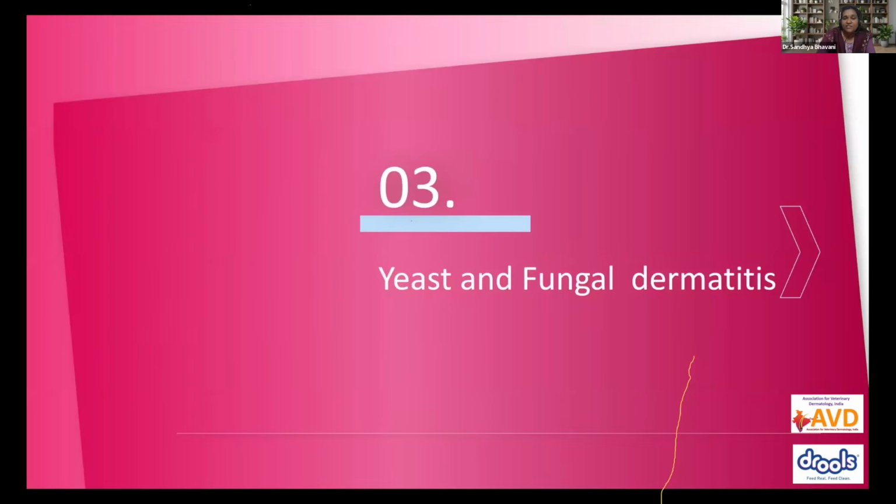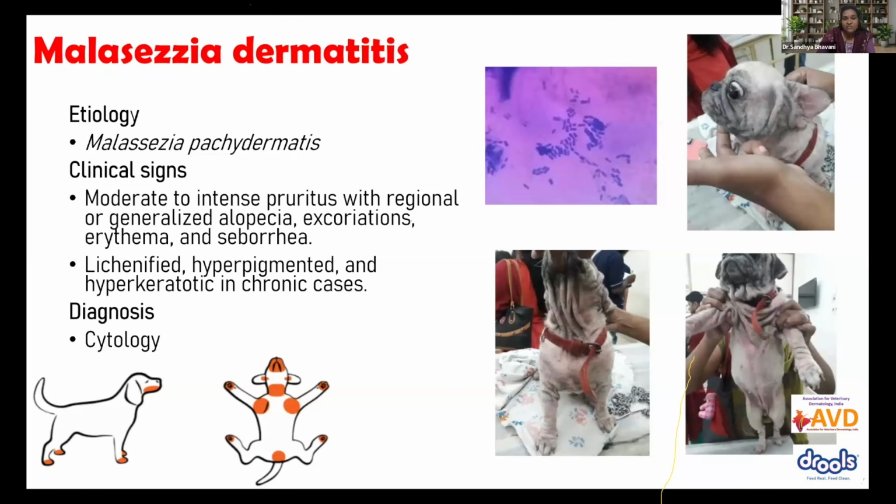So the next category is your yeast and fungal dermatitis. The first one is Malassezia dermatitis, very common in your practice. Here it is a yeast infection. This yeast loves a humid environment, so being in a tropical and humid climate, we have many cases of Malassezia.